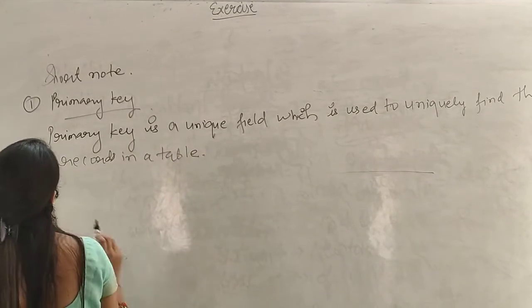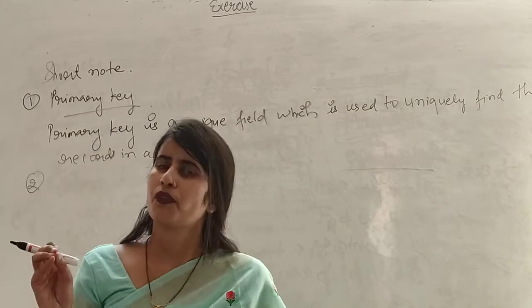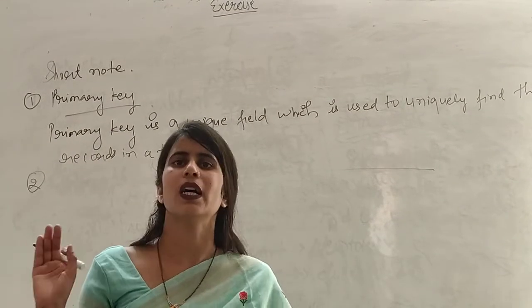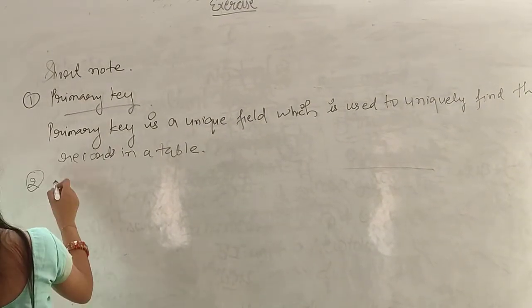Means with the help of primary key, you are able to find the unique record of a particular user from the table.